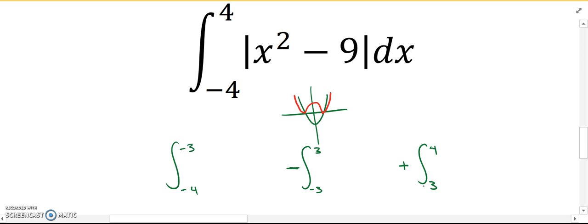Your other option is to make it positive on this one in the middle, but to negate the entire function on the inside. That would be the same thing. This one is different because it has two zeros instead of just one.